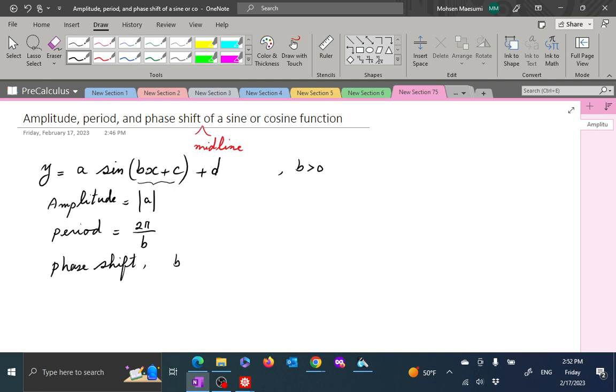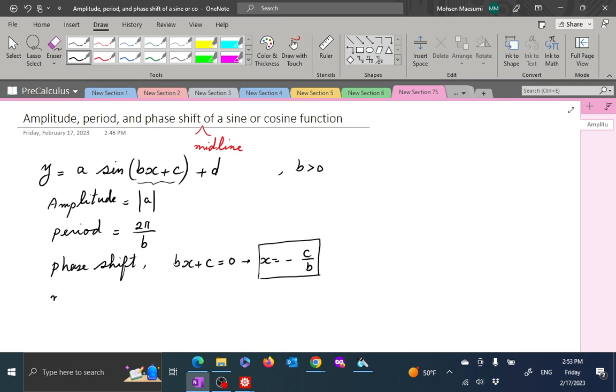If you set bx plus c, the argument of the function, equal to 0, you find that x is equal to minus c over b. That is referred to as the phase shift. So the phase shift is the location of where the starting point of the function goes.